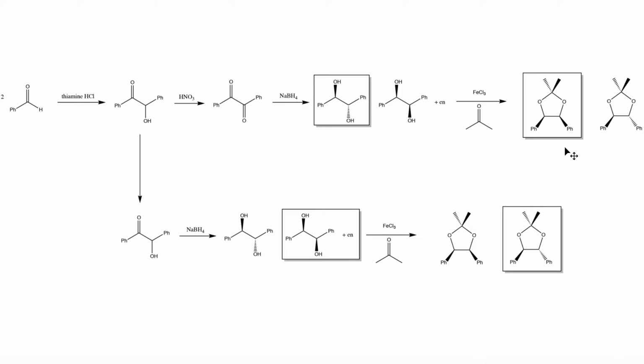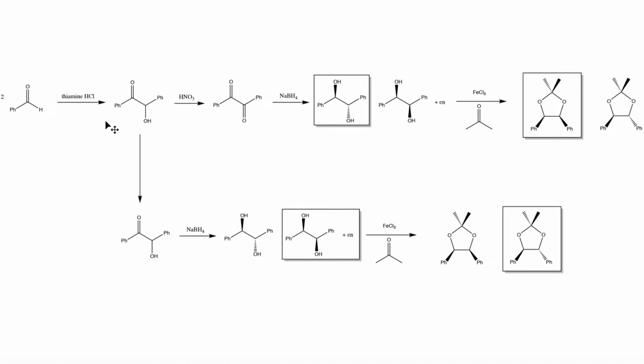However, if your proton NMR shows some impurity signals, this can be because of the trans acetonide being present inside your sample. And this can occur in this step right here when we try to convert benzoin into benzil. Sometimes not all of this will be 100% converted into our product right here.